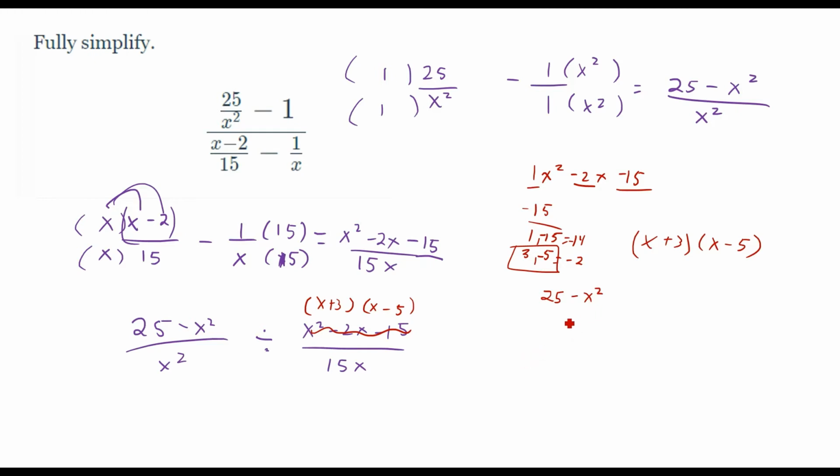How about if I made it negative x squared plus 25? And now how about if I took the negative 1 and factored it out? Negative 1 times x squared minus 25. I factored out a negative from the 25, meaning that the positive turns into a negative.